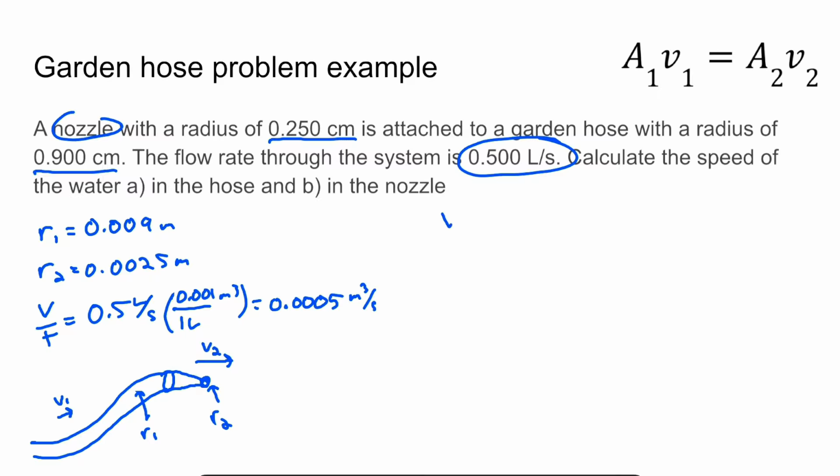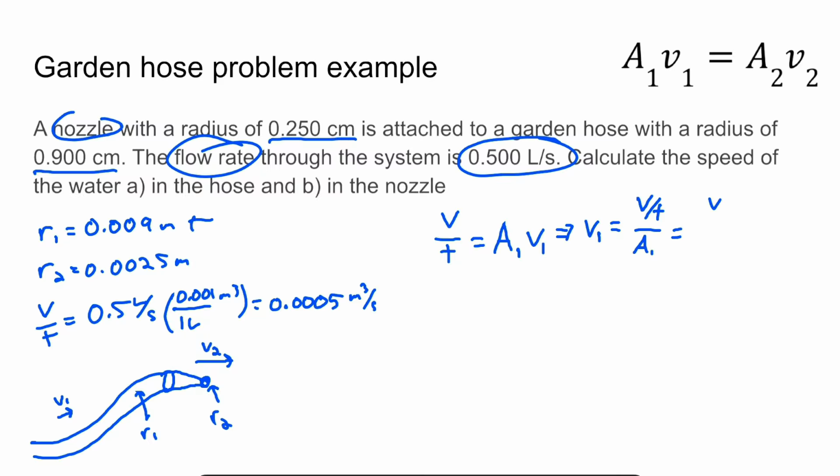All right. So let's figure out the speed of the water in the hose itself. So as we move through the hose, again, the volume over time will equal the cross-sectional area of the tube they're moving through times the velocity of the individual particles within that tube, right? So if we want to find our velocity, it's going to be our V over t, our flow rate divided by the area of that tube. So in the hose, our area is defined by our radius, which is 0.009 meters.